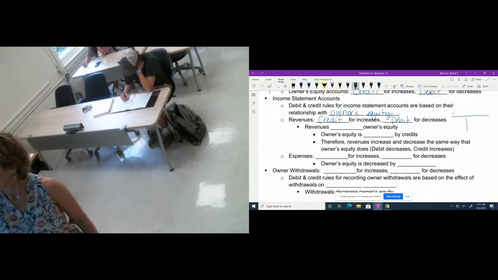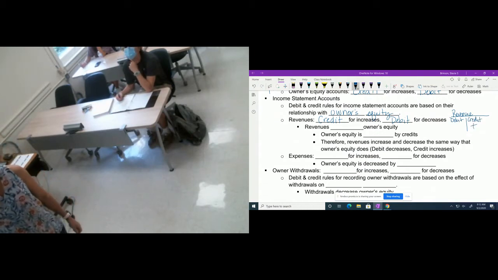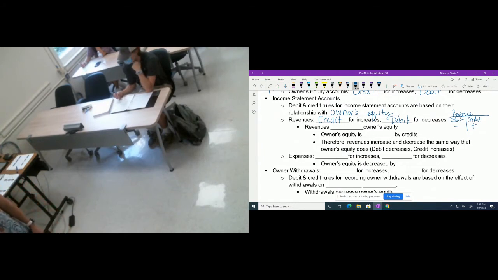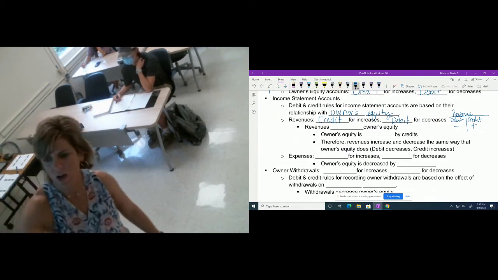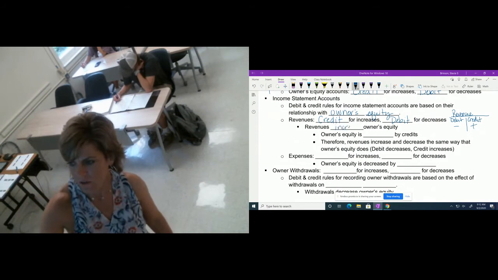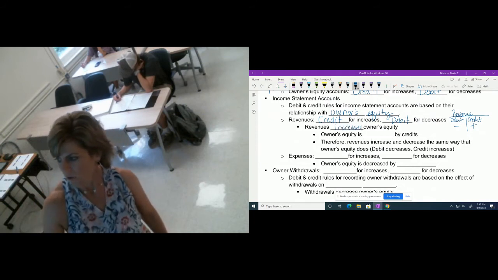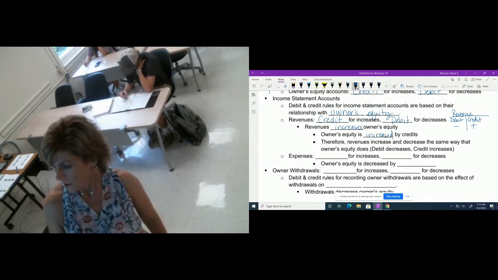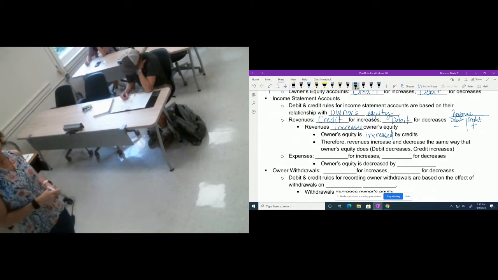For your revenue, you don't have to draw these things off to the side, we're going to have a diagram here in a minute, and it's printed out in there. But the increase will be on the right side, credit. And this is your logic. Revenues increase owner's equity. Owner's equity is increased by credits. Therefore, revenues increase and decrease the same way that owner's equity does. So you'll debit for decreases, credit for increases.